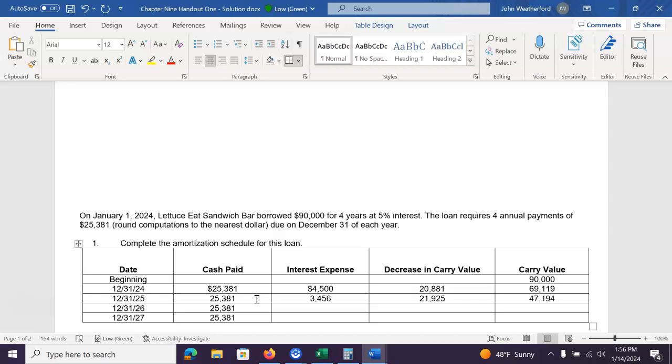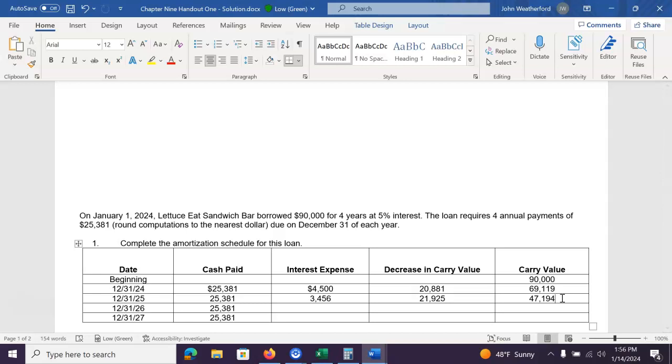But as you get toward the end of that 30 years and you're making some of your last payments, almost all of the payment goes toward reducing the loan balance, and very little goes toward interest expense. And why is that? Well, the balance of the loan that we're multiplying the interest rate by is constantly decreasing.